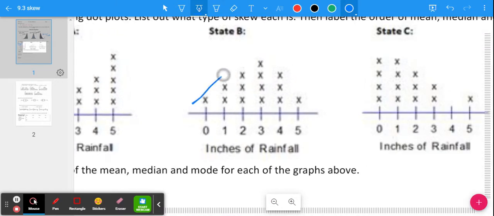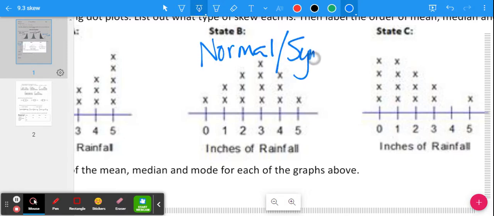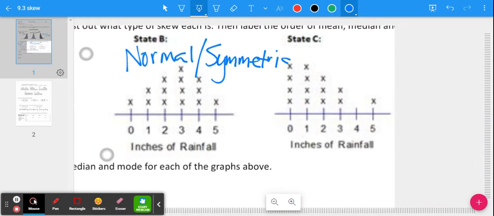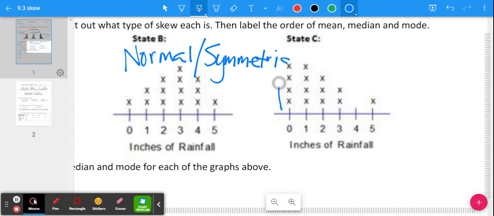This one, again, if you draw it over it, is normal, aka symmetric. And then the last one, because most of the information is on this left side, and then it stretches out to the right because of that little 5 over there, this one is skewed right.